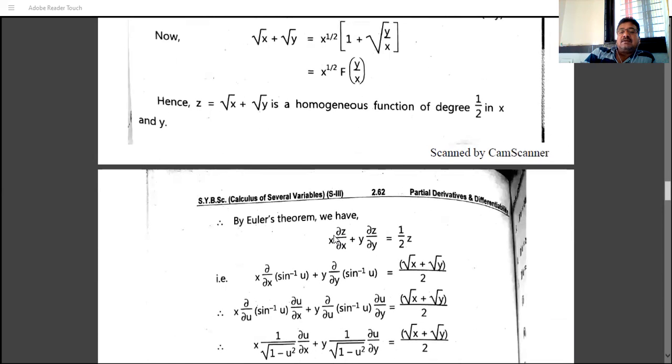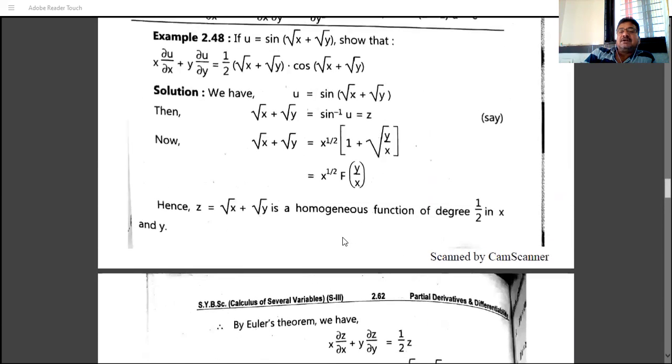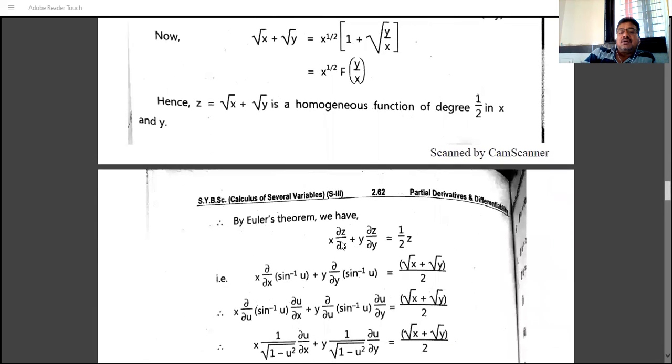And then by Euler's theorem, x ∂z/∂x plus y ∂z/∂y, where z is the notation for this function. Root x plus root y, or sin u, is denoted by z. So it is a homogeneous function of degree half. Therefore, by Euler's theorem, x ∂z/∂x plus y ∂z/∂y is nz, that is 1/2 z.